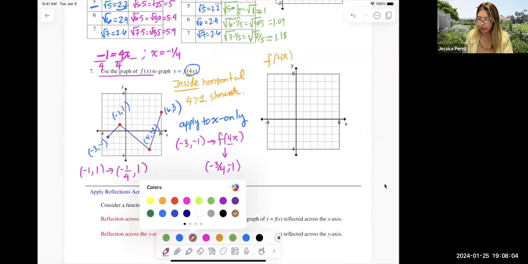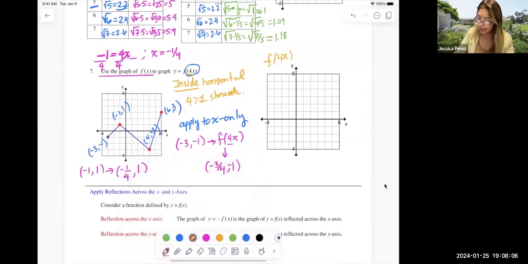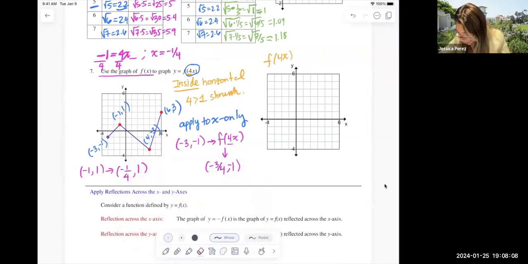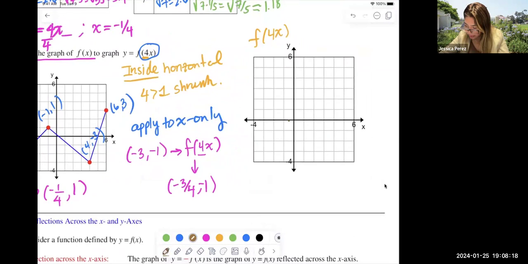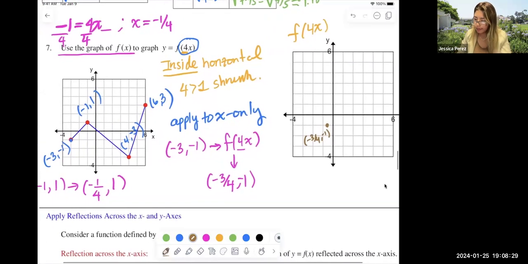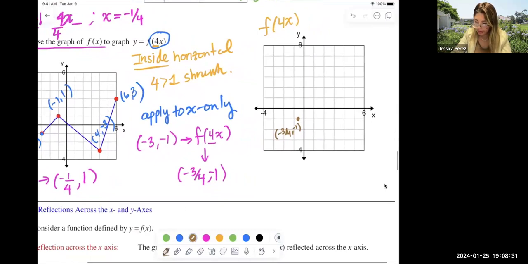So let's start plotting these points. First is -3/4, which is close to -1 on the left, and then down 1 right here. For some reason, it doesn't want me to do it right here, so it's down here. That's my first point. This corresponds to -3/4, -1. And then we have -1/4, which is closer to 0, positive 1 right here.